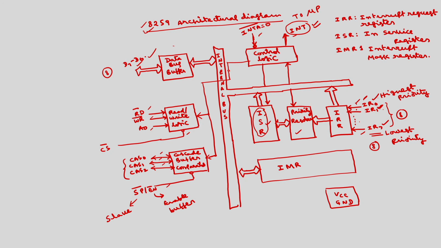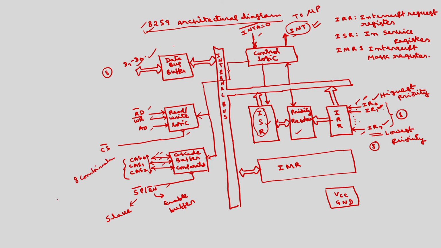If I cascade 3 8259s, then corresponding to each 8259 we can control 8 devices. Using these 3 bits we can have 8 combinations, and corresponding to each combination we can have 8 devices.